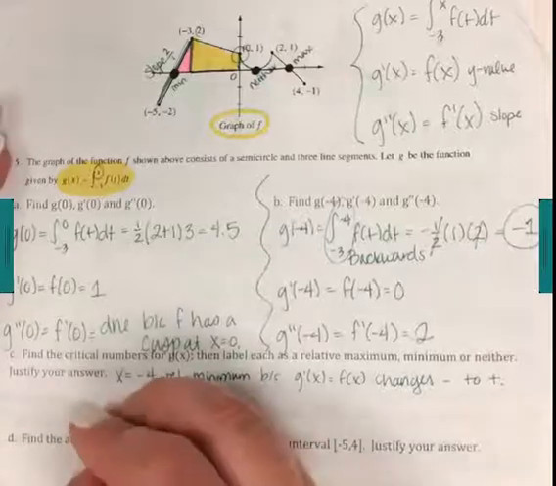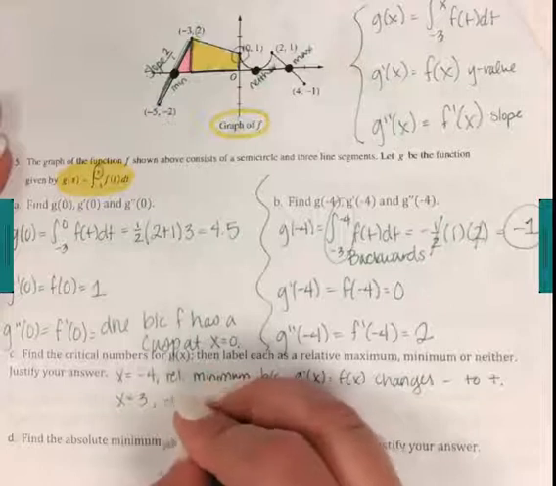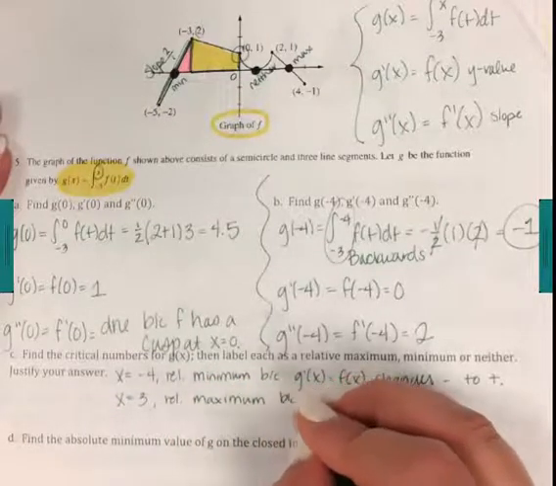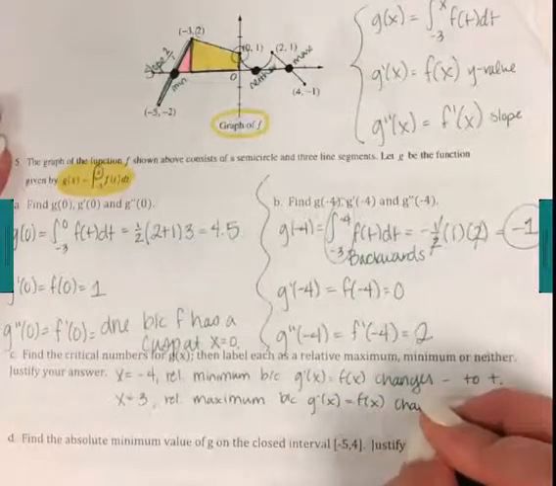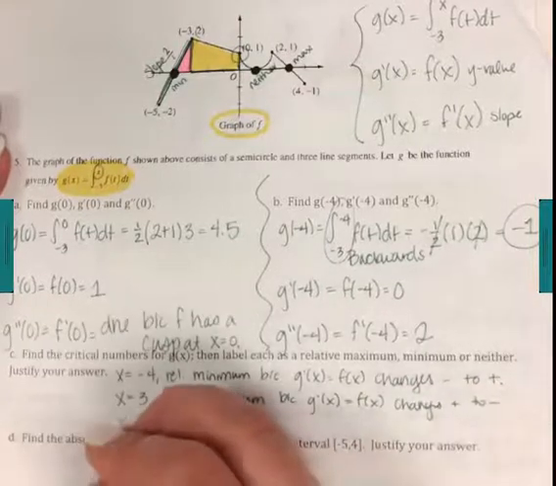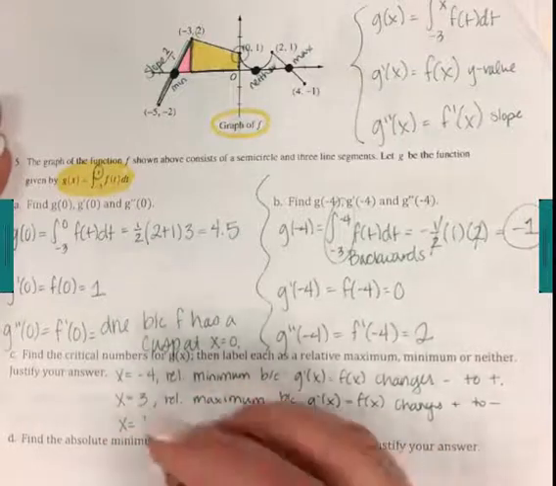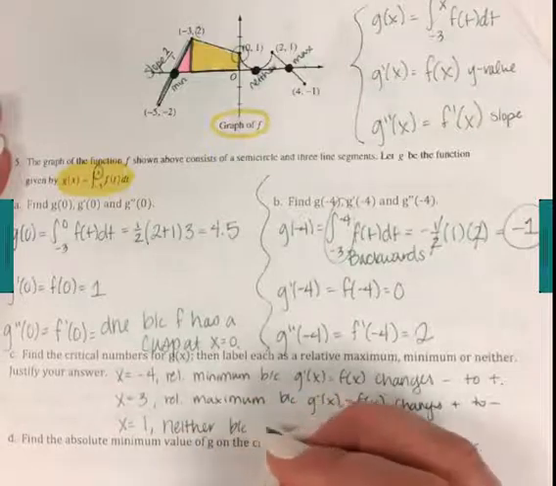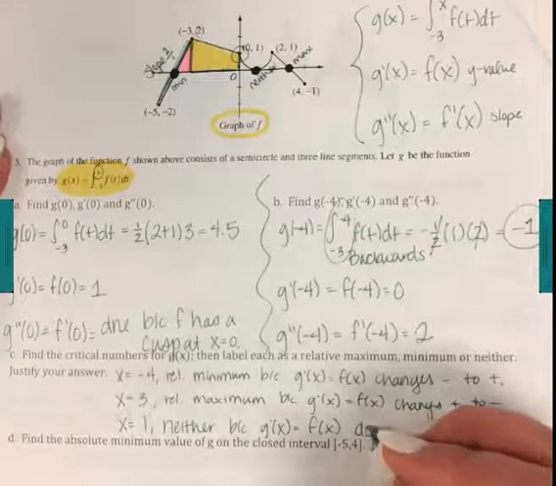Then for x equals 3, I would say it's a relative maximum, because g prime of x, which is really f of x, changes from plus to minus. And then x equals 1, we said was a neither, because g prime, which is really f of x, doesn't change sign.